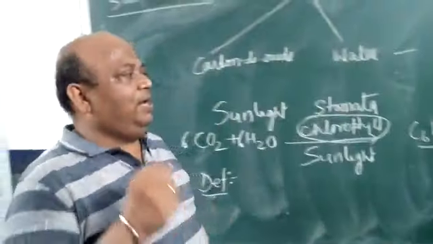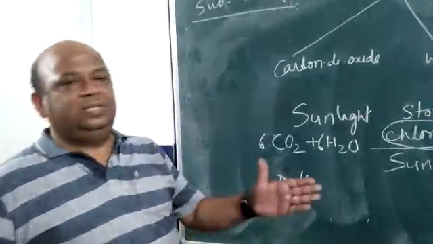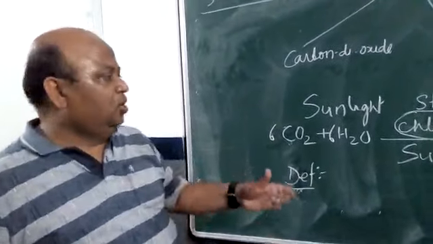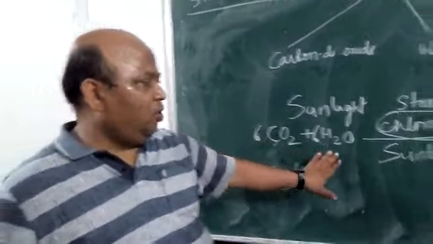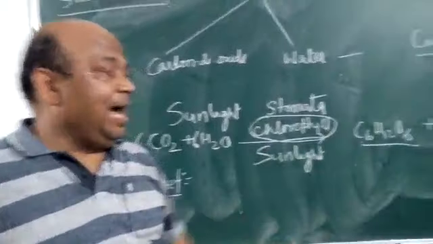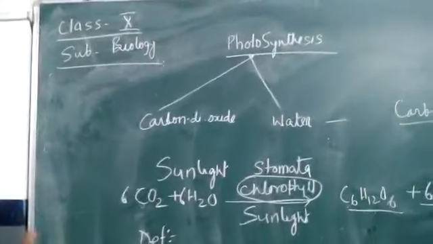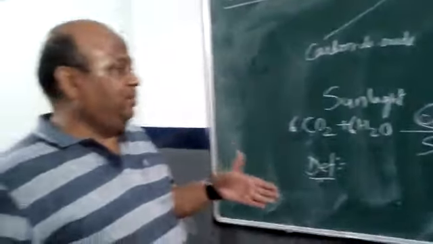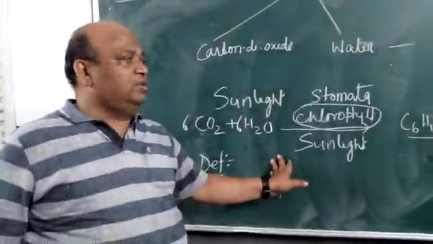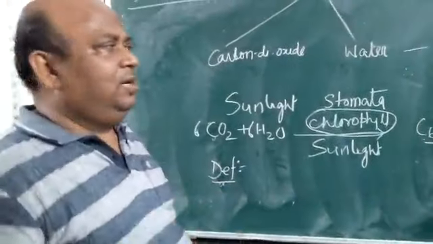Because the byproduct is oxygen, and every living organism requires oxygen for their breathing and respiration. So I said that carbon dioxide and water mix to form the carbohydrate, and also the essential part, that is oxygen, is liberated. So this process, photosynthesis, is a very important process, and we must remember these chemical reactions, because they are often asked in the examination.